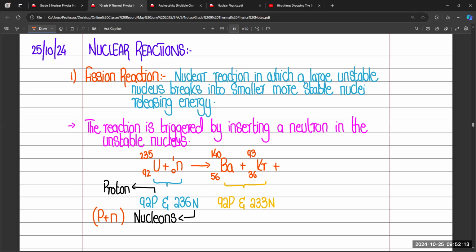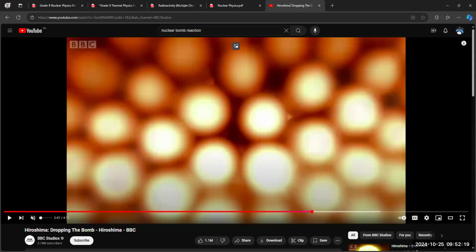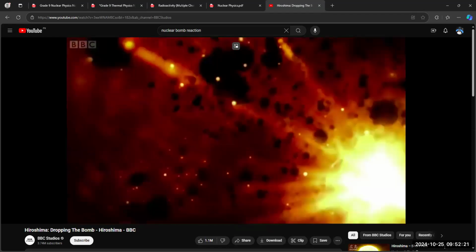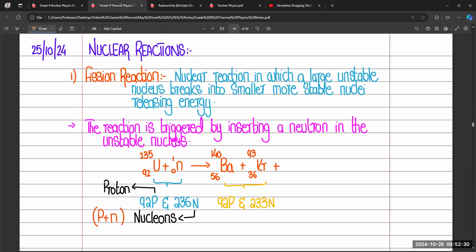Just like in the video you observed, when we started the reaction and after the reaction starts, it continues. You can see one strike, two, three, four, and these collisions continue automatically, right? We only strike one neutron into the nucleus, and then we observe in the video that some other particles are also striking the other nucleus.